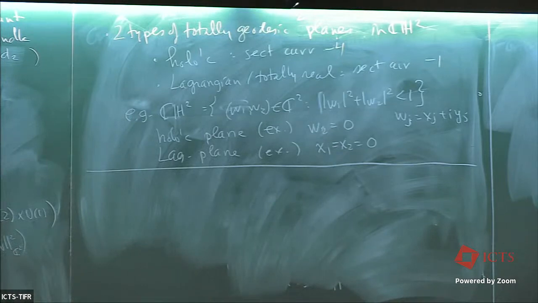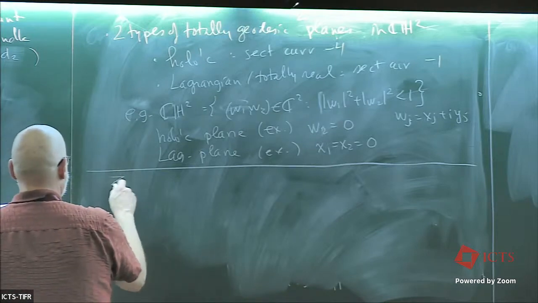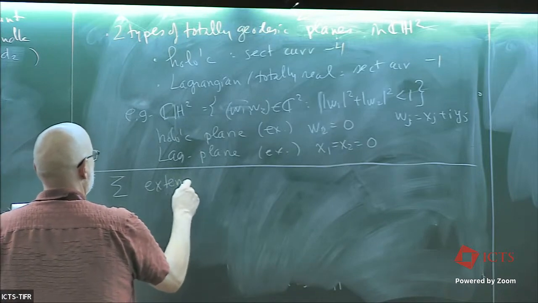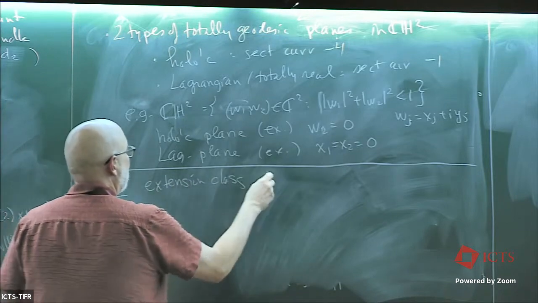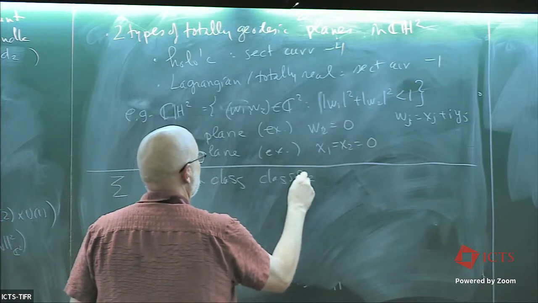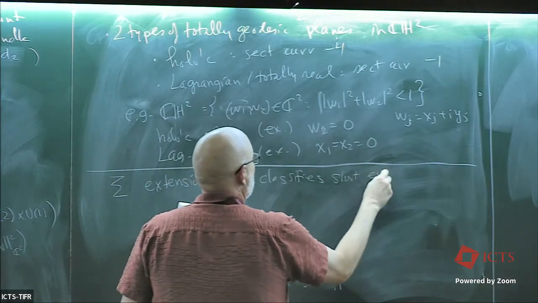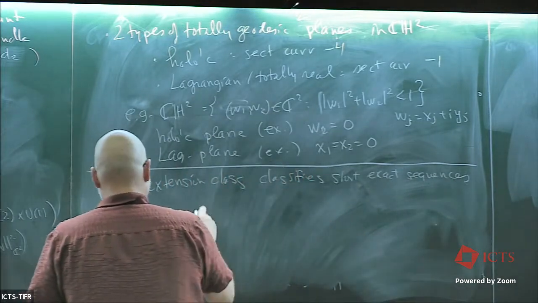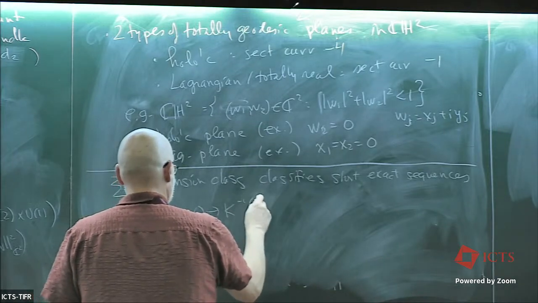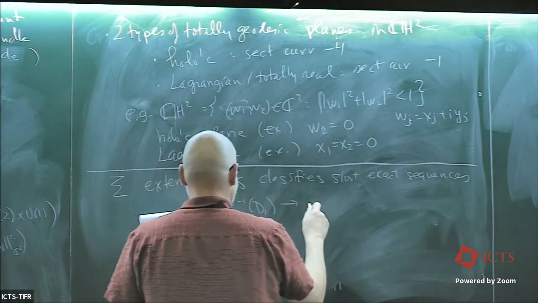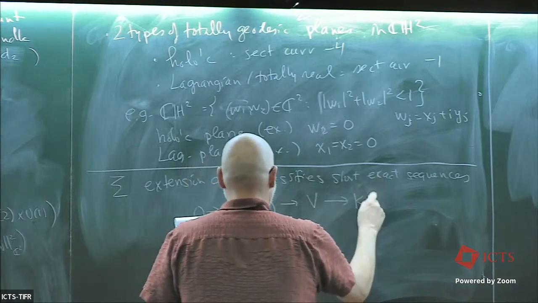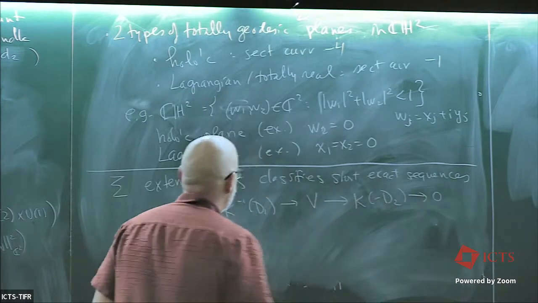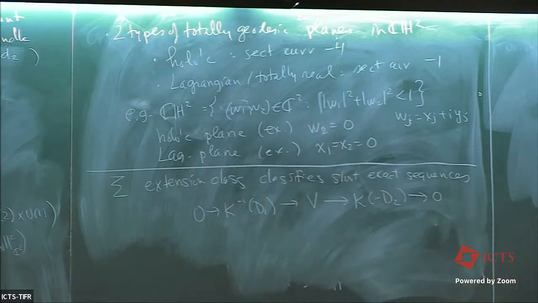So there's other things to try to explain here. I guess one thing is that this is an extension class. So this classifies short exact sequences of the following form.